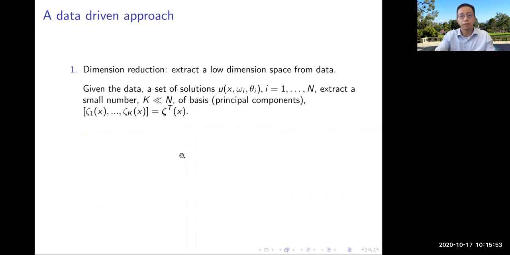If you have a sampling of this, or measurements, a lot of data for different realizations of omega_i or theta_i, then you can just do a PCA. This is like an SVD, but you can do it with a random SVD algorithm because you know there's a low rank structure, so you only have to find the leading ones.